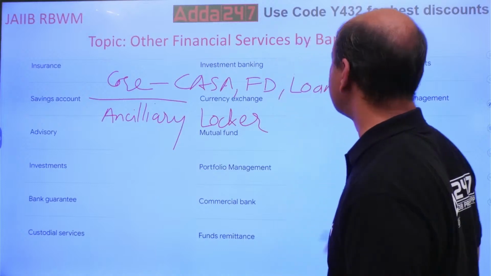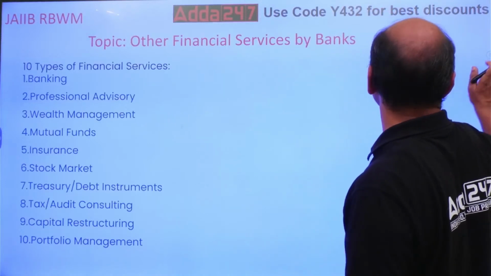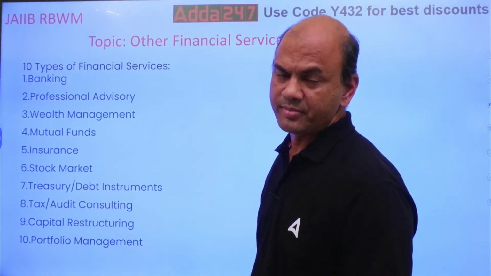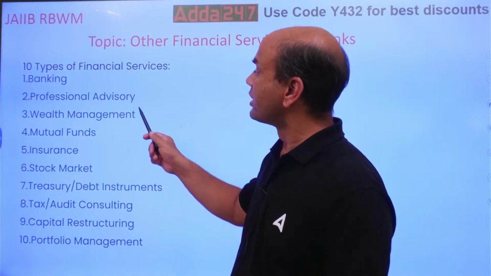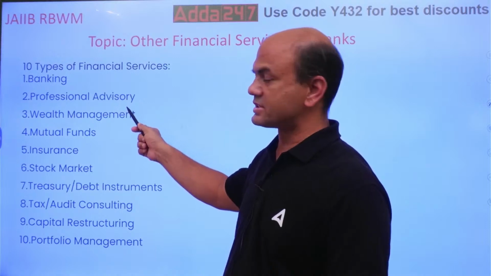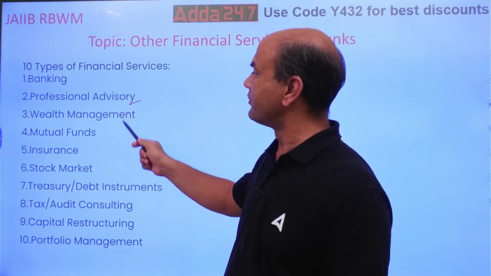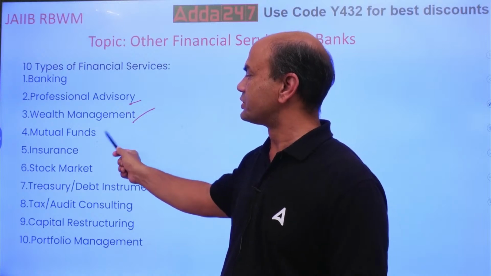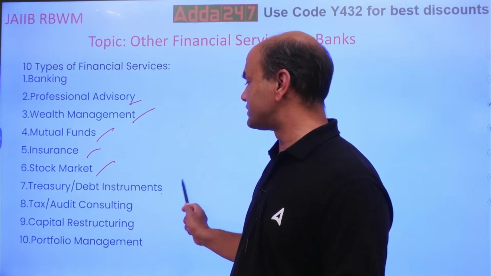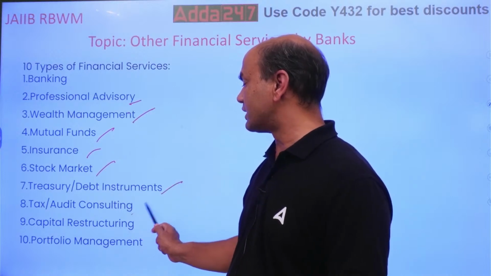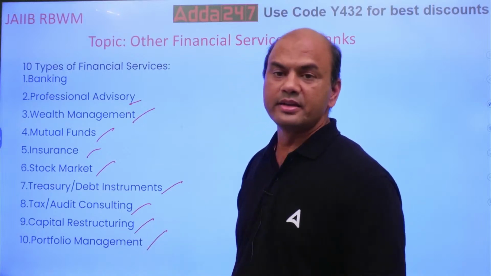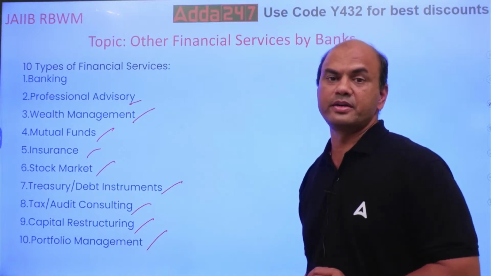Those 10 are: core banking, professional advisory, wealth management, mutual funds, insurance, stock market, treasury debt instruments, tax and audit consulting, capital restructuring, and portfolio management. These are the 10 main services which are provided.